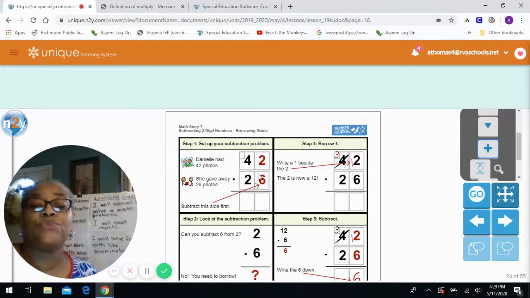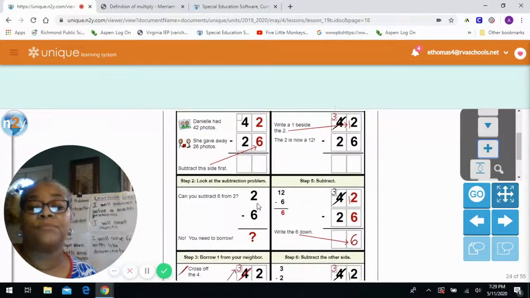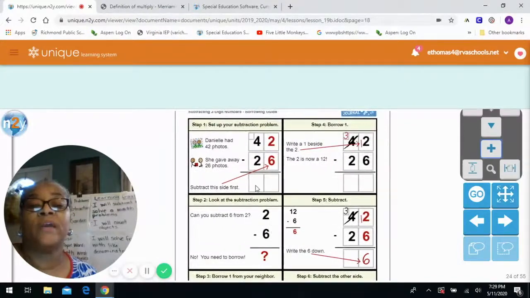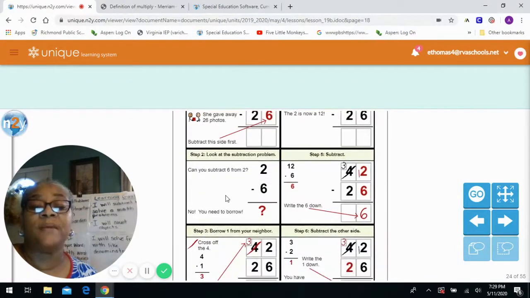All right. So here's the thing. Can you subtract 6 from 2? No, you need to borrow. And what are we going to borrow? Okay, so since this is more, if we take this 10 and add it to here, it says borrow the 1 from your neighbor.